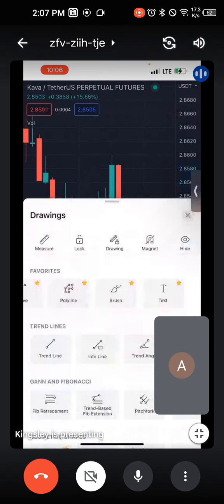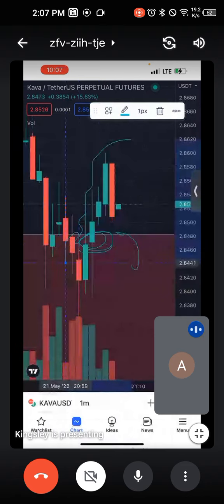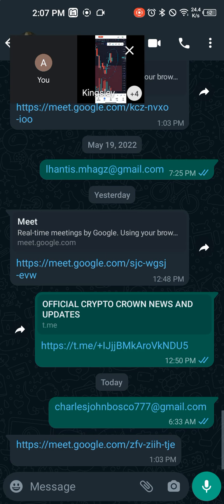If you are counting from here, the first candle from this red, the first candle that closed above this line is this one, even though we have a wick.